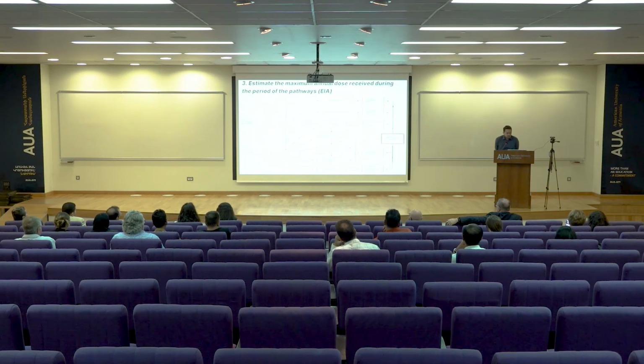And after that, we need to think about how to estimate this dose. So we have here all the pathways. You can see here sedimentation, bioaccumulation, drinking, ingestion, irrigation, and this is for water, and from there, inhalation, the plume immersion.